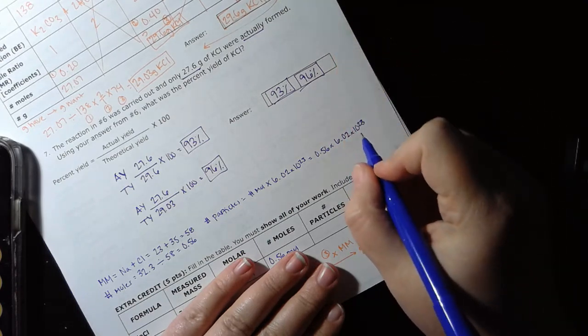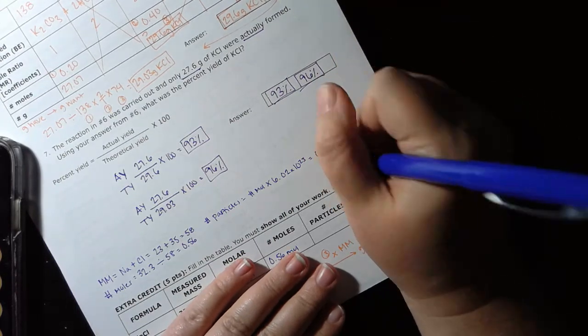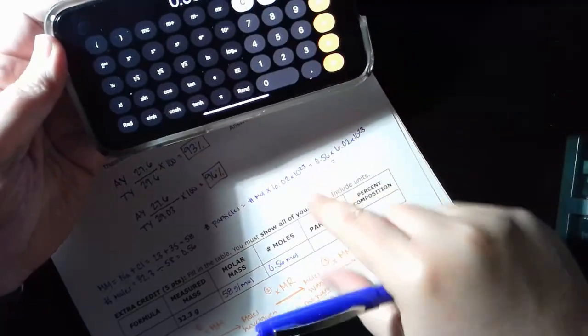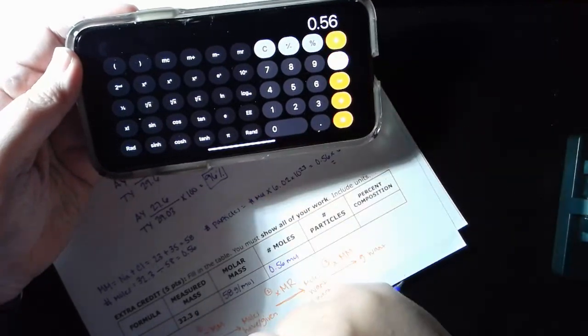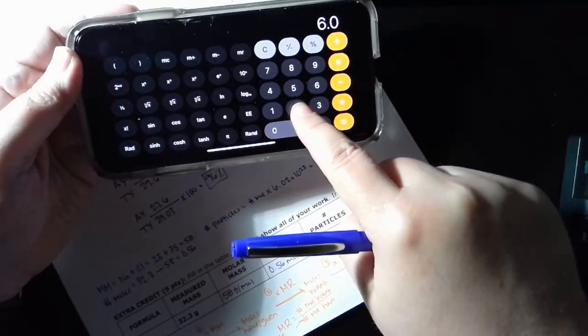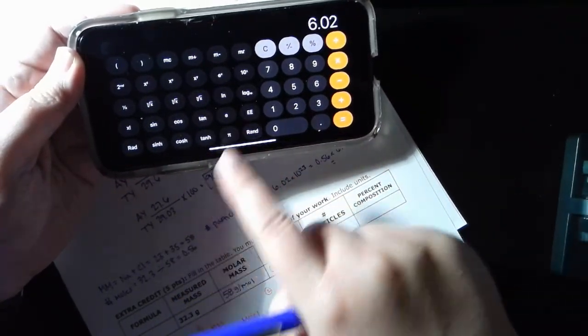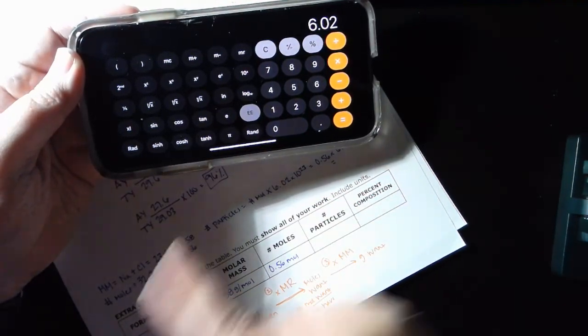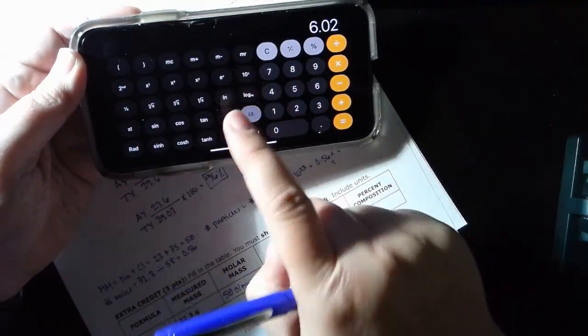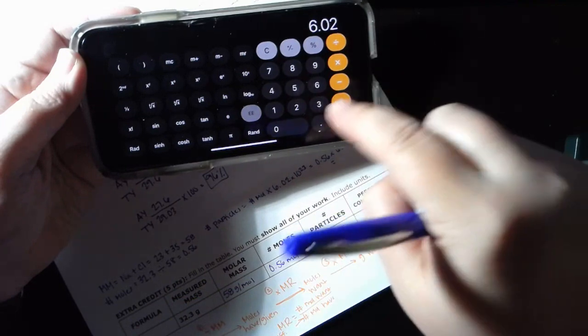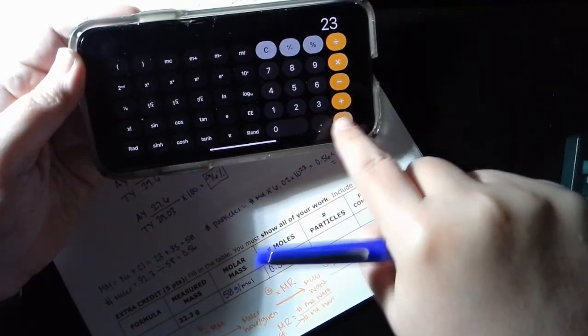Remember that when you enter this number into your calculator, you need to use the double E button. Here I have my iPhone. If you turn it sideways, this is what your calculator looks like. We have 0.56, and we need to times by Avogadro's number, 6.02. There is my exponent key right there. Just like on the regular Inspire, you use your double E instead of hitting times 10, and then put your exponent in.